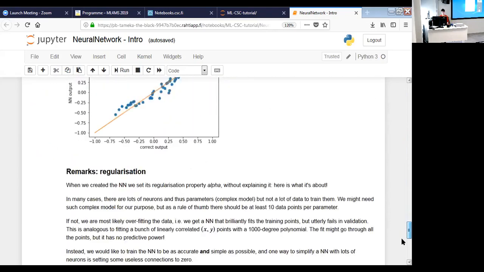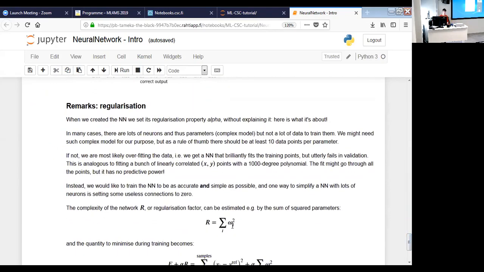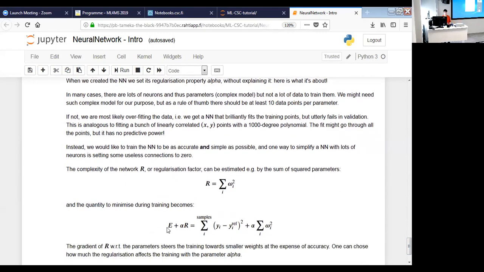By adding this regularization factor to your cost function, you will then minimize to get the best error plus the cost of parameters. You are training to make the neural network better at prediction, but also simpler at the same time.